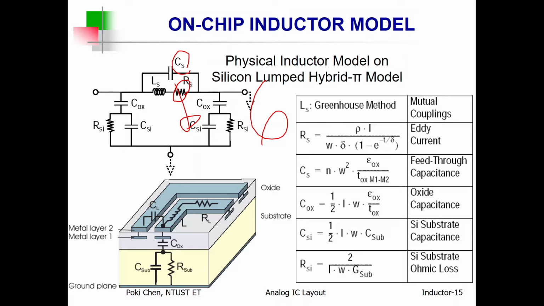It will reduce the self-resonance frequency. That is also very bad. You had better reduce it, blah, blah, blah. And this is some kind of ideal model. And allow me to show you the three-dimensional model for some kind of one-to-one mapping. You will know who causes what.